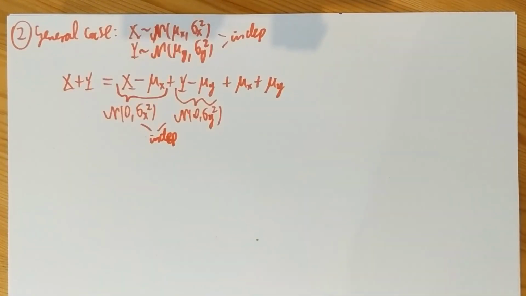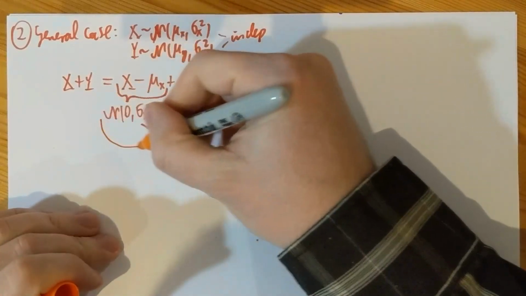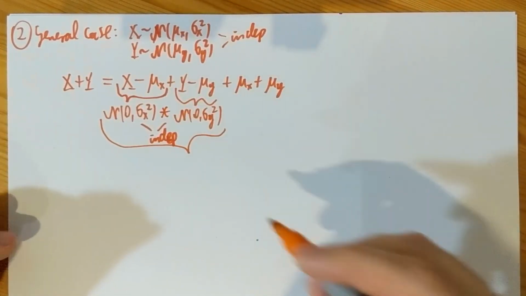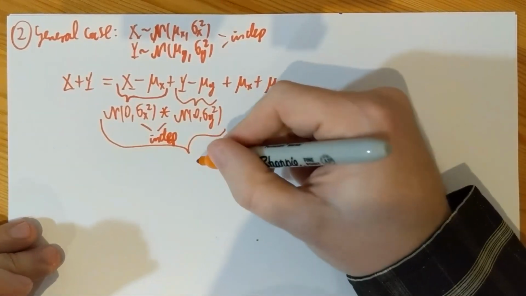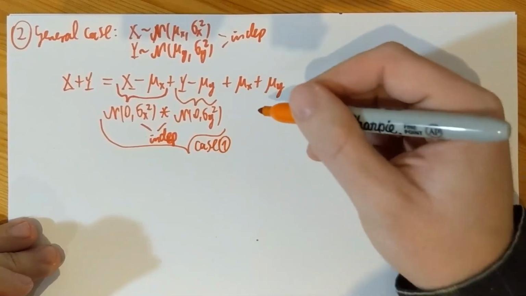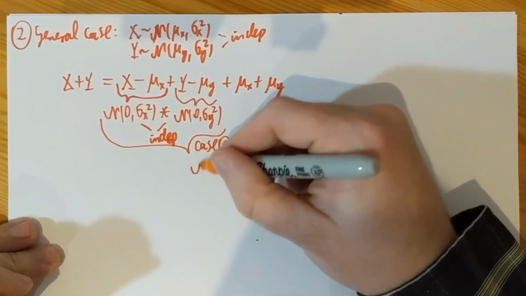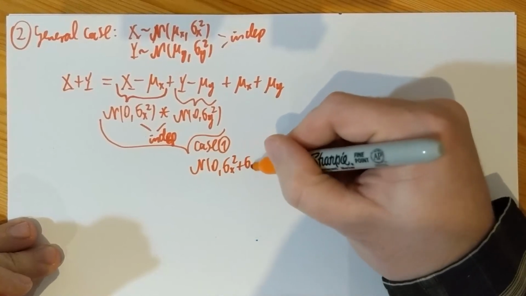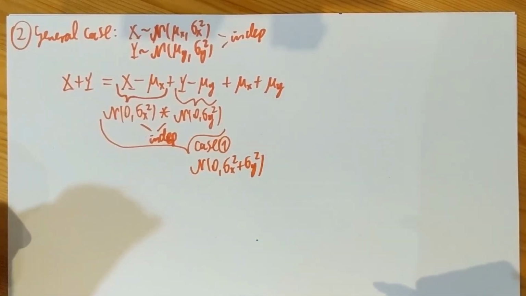So now I have two normal random variables independent with mean 0, and case 1 was exactly for this scenario. Mean 0, generic variance. So when I add them up, if I convolve the distributions, if you want, or add up independent copies, then according to case 1, it is giving me a normal with mean 0 and variance sigma x square plus sigma y square. Okay?